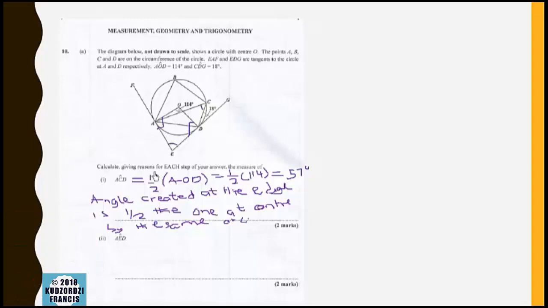So angle AED plus 114 degrees plus 90 degrees plus 90 degrees will be equal to 360 degrees.